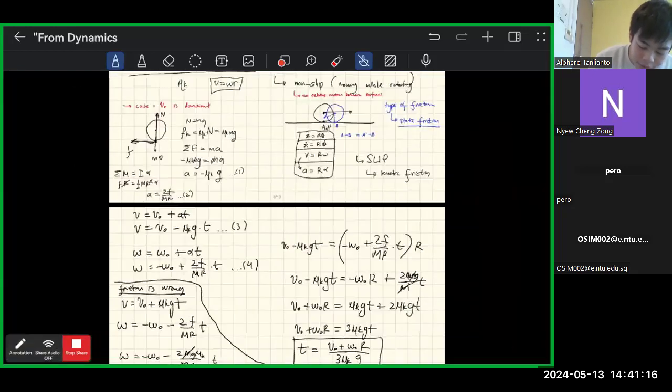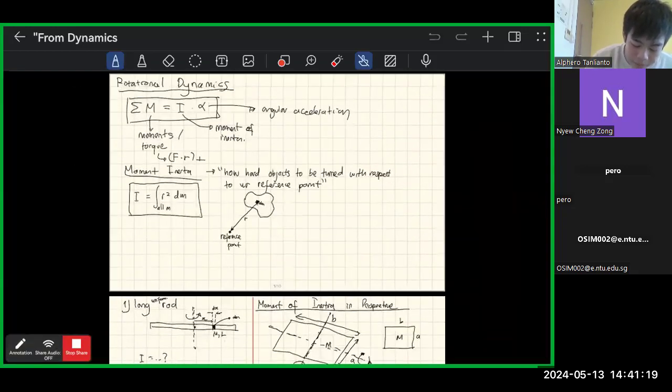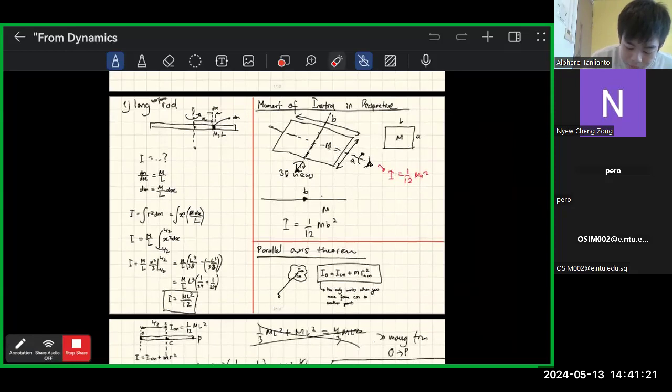As I have been saying for the parallel axis theorem, it works similarly with the angular momentum.